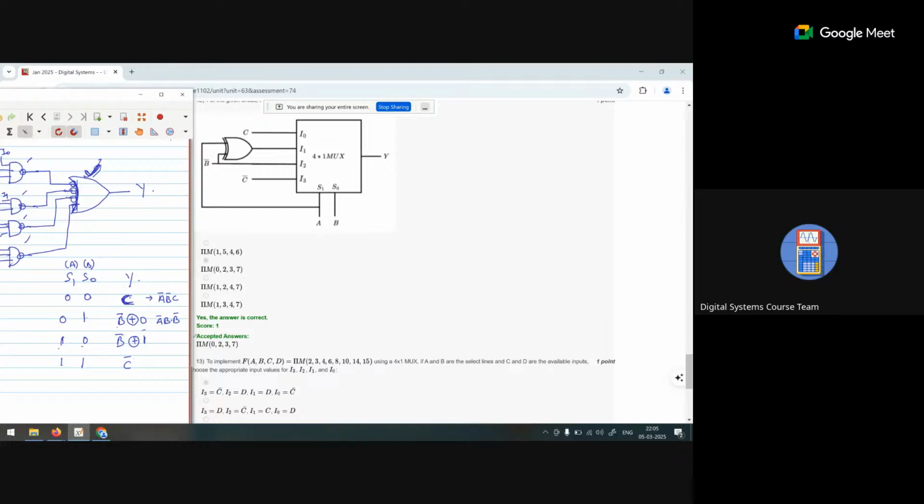Now 1, 0, so it becomes A, B bar. If any of the inputs is 1 in the XOR gate, the output is the inverse of the other input. So B bar is applied as the input, so the output is B. And the last one is A, B, C bar.